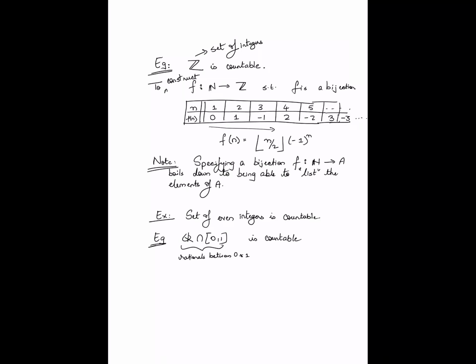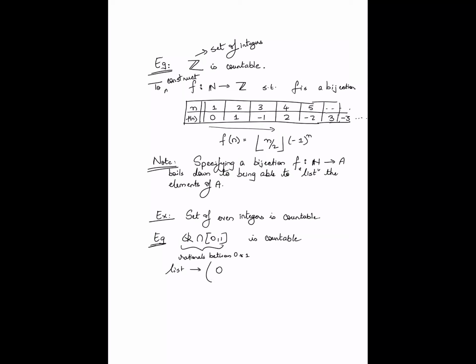Now how do I show this? All I have to say is that the set of all rationals between 0 and 1 can be arranged into a list. So what is the list going to be in this case? Well, my list is going to be as follows.